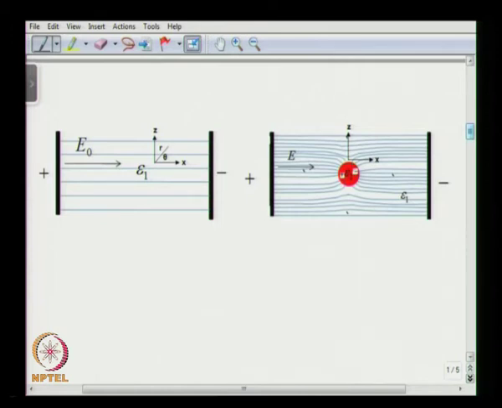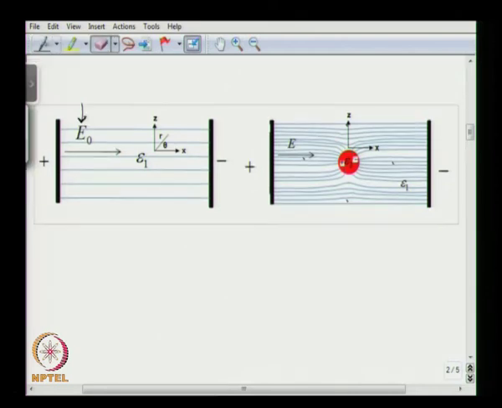So here we have a positively charged plate and a negatively charged plate. So we establish an electric field, and let us say the dielectric constant of the fluid is epsilon 1. The dielectric fluid here is being penetrated by the electric field E0.